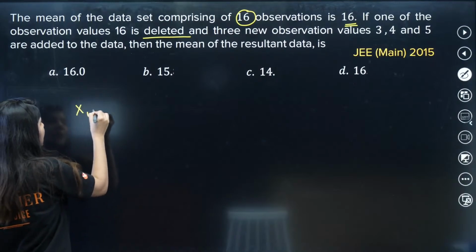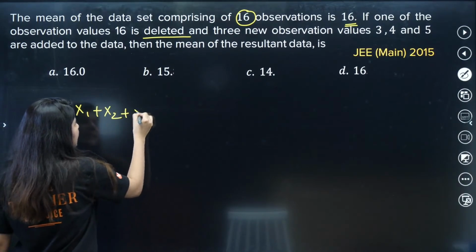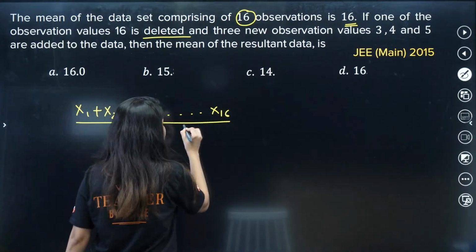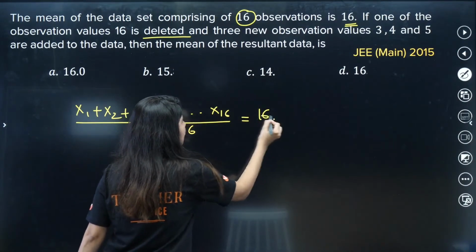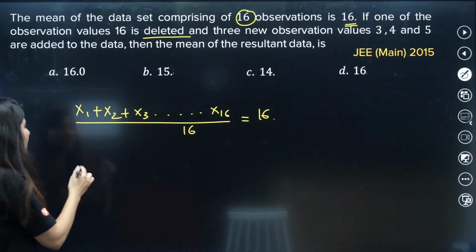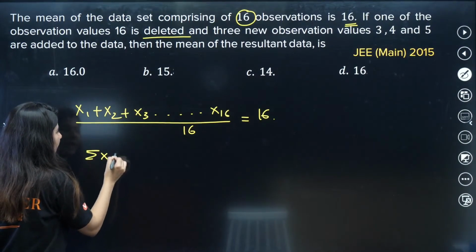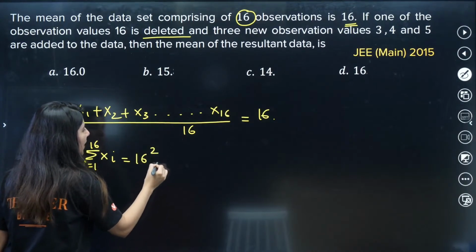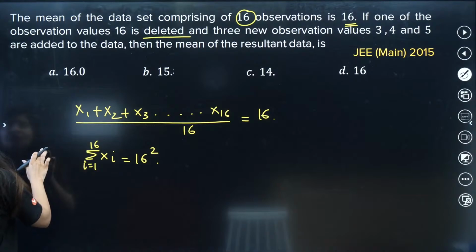You know that (x1 + x2 + x3 + ... + x16)/16 is given as 16 in the question. That means sigma xi, i = 1 to 16, is nothing but 16 squared, or you can write it directly as 256.